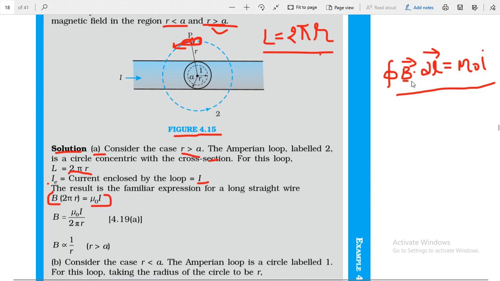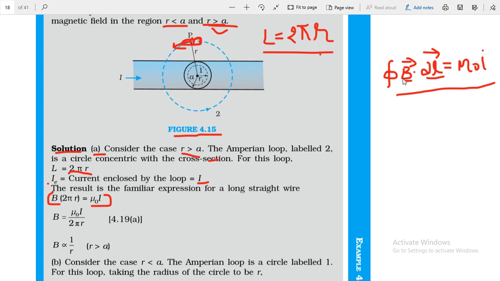But since this B and this dL are always in the same direction at different points, the angle between these two is 0, so cos 0 will be 1.